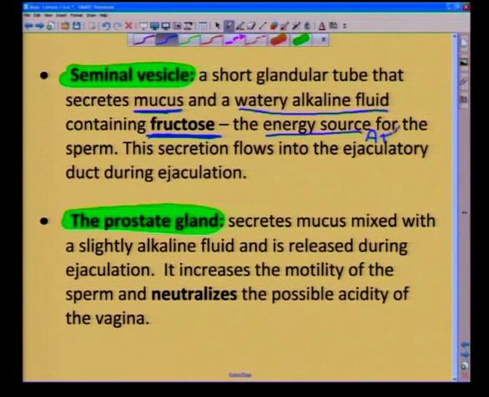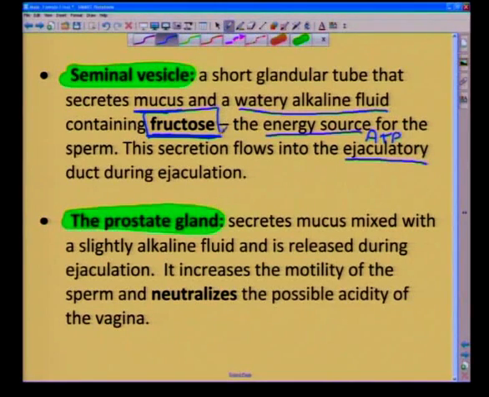Energy is ATP, okay, for those little sperm cells. This secretion flows into the ejaculatory duct during ejaculation. So remember, the vas deferens becomes the ejaculatory duct. And as it gets into that ejaculatory duct, first set of fluid we're going to have from the seminal vesicles. And the most important part is that it contains fructose, and that provides the ATP, the energy for the sperm to swim.